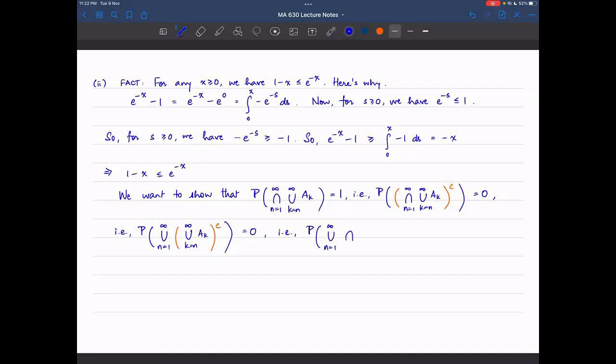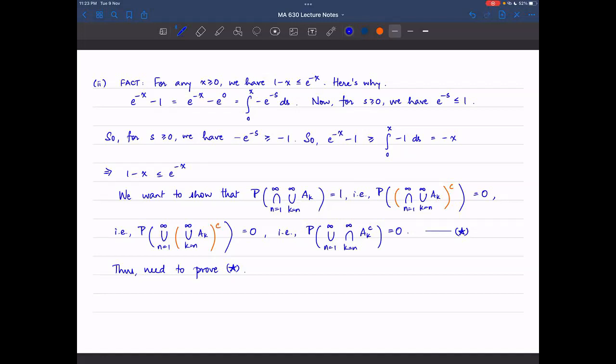So the intersection, k going from n to infinity, of Ak complement is 0. All right, so this is what we want to show. Let me go ahead and give this a name. So star is what we want to show. If we show star, then we're done.